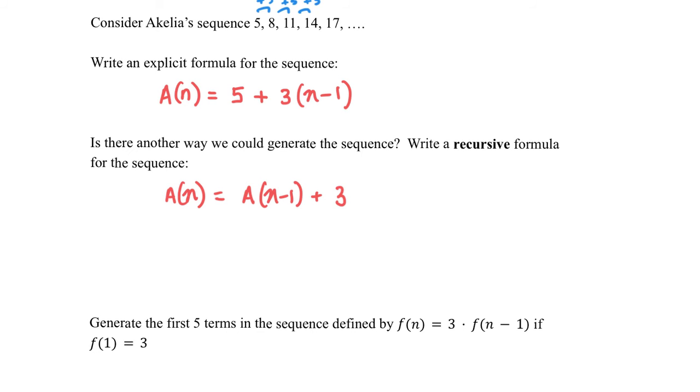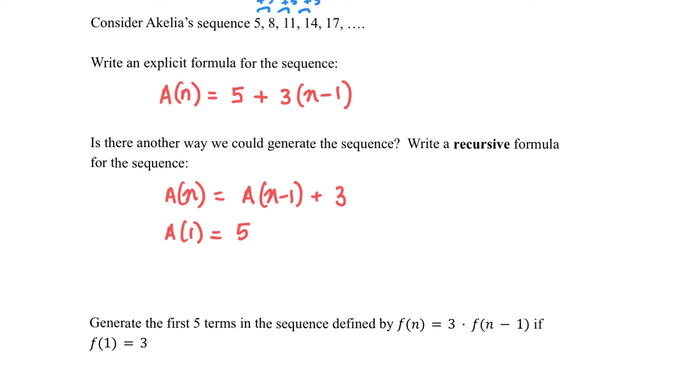Now, the only thing missing is that when you give a recursive formula, I want you to notice that there's nowhere in here that tells you what number to start with. You can't just tell somebody, hey, take the term before it and add 3. If you want to generate a sequence, you have to tell them where to start. So with this, we also have to tell them that A of 1 is 5. You have to tell them that. So this is called recursive.